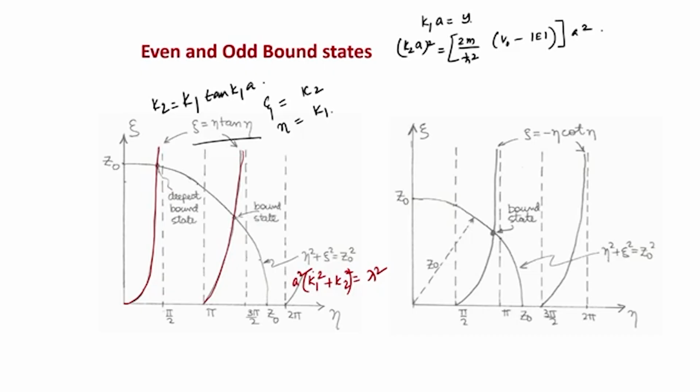So that is equal to lambda squared, which is nothing but a circle. So you now plot the circle, which is the blue line, and the tan hyperbolic. You see these solutions emerge at, for example, these bright red points. These are the bound states.